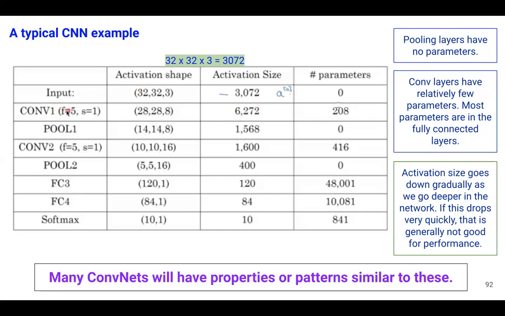It's a 5 cross 5 filter, and you have used 8 of them, so that would be 200 W parameters. Then you add a B parameter for each of the 8 filters, so 8 B parameters, making 208.